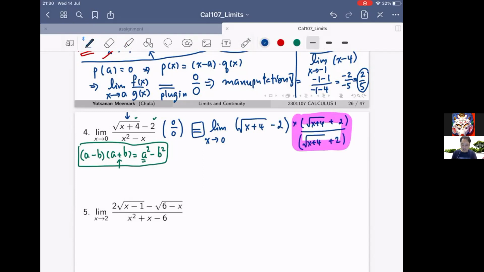Your bottom you can manipulate a little bit by pulling out the common factor. So what is your top going to be? It's going to be the square root squared, so you have x plus 4 minus 2 squared, and then x minus 1, and this square root.